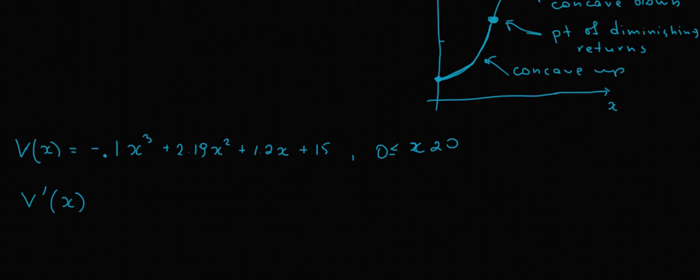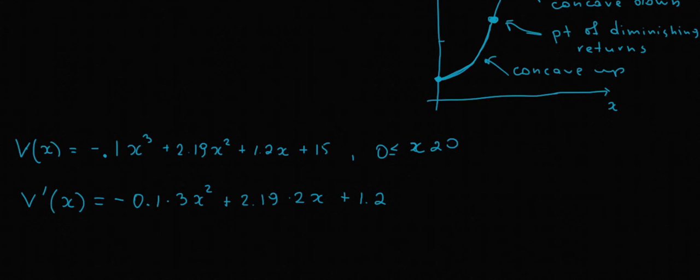First, we need to calculate the first derivative, and we differentiate term by term using the power rule. So we get negative 0.1 times 3x squared, then plus 2.19 times 2x, and then plus 1.2. The derivative of the constant term 15 is 0 because it does not change.